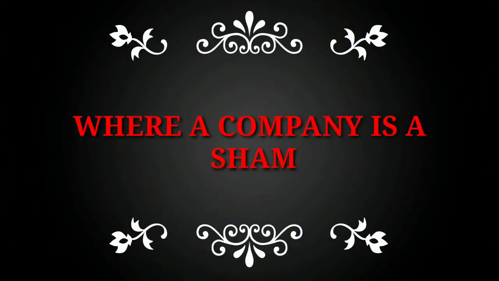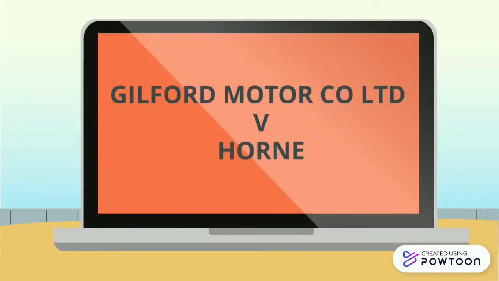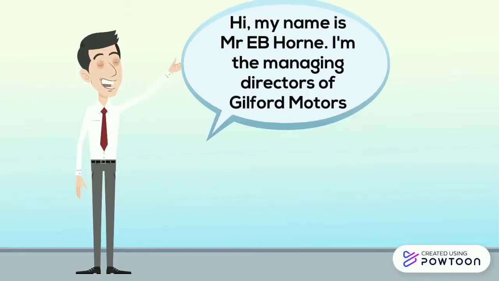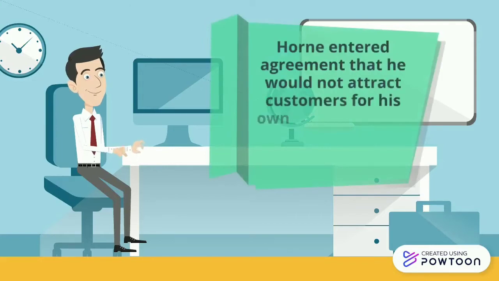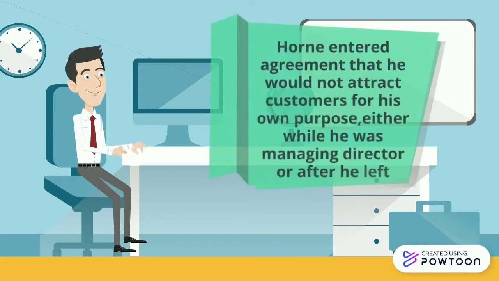Next exception is where a company is a sham. Sham is nothing but cheating. It is discussed in the Gilford Motor Co. Limited vs. Horne case law. Mr. Horne was appointed as MD in Gilford Motors. At the time of appointment an agreement was signed. After he left this company, he was not to attract the customers to his side.